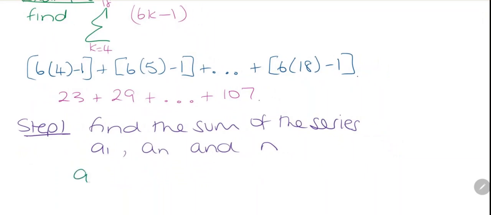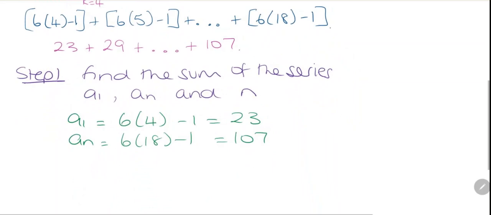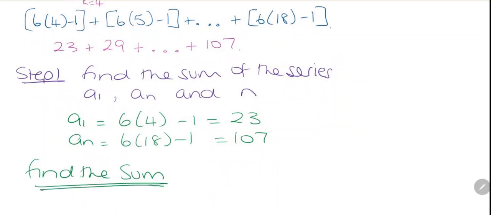This is A1 will be 6 multiplied by 4 minus 1, which is 23. And we know the last term AN is 6 multiplied by 18 minus 1, which is 107. So we're going to put this information into the formula of S equals the first plus the last term divided by 2.